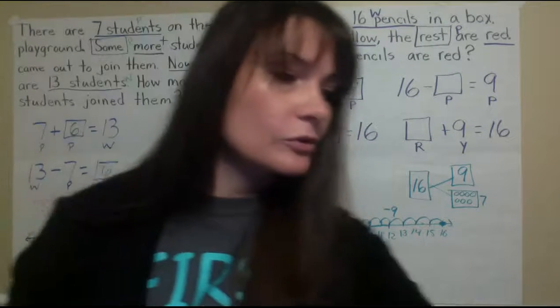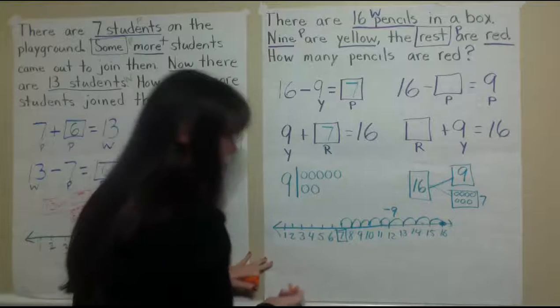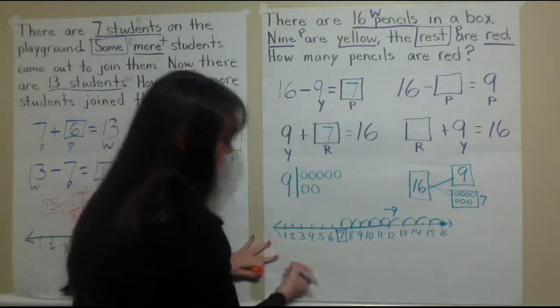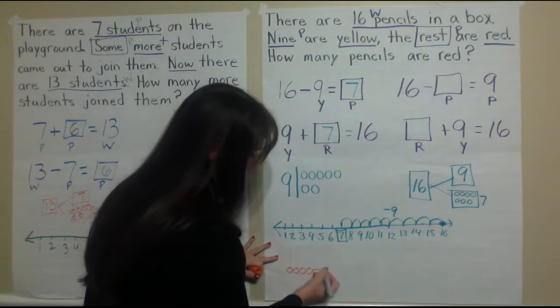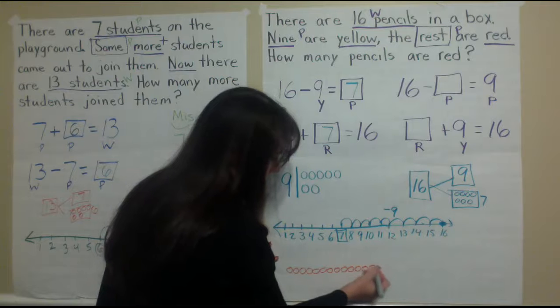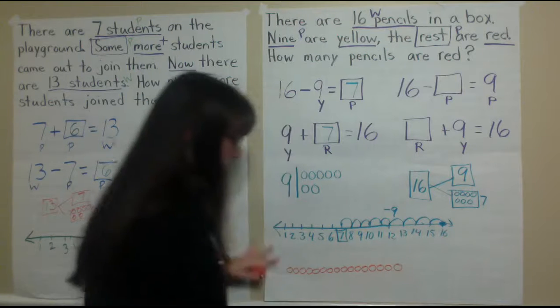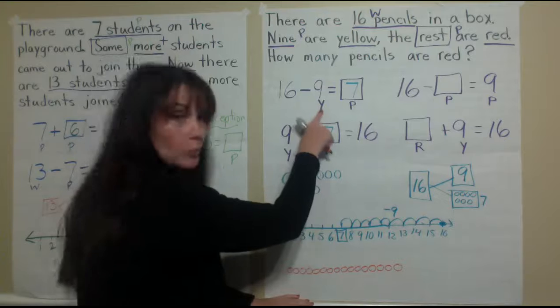Another way that you could show that is with just counters. So if they drew 16 counters, they had 16, and they knew that 9 were yellow.